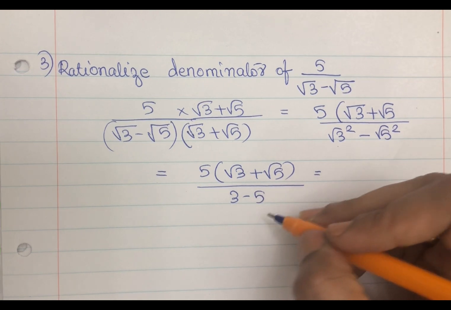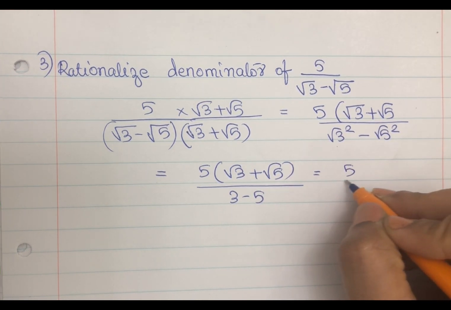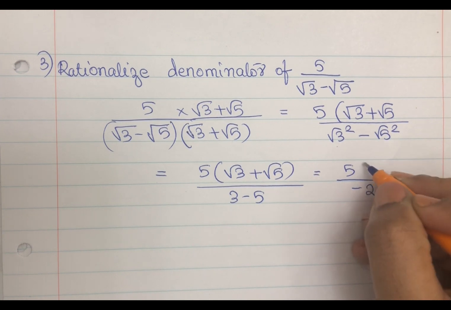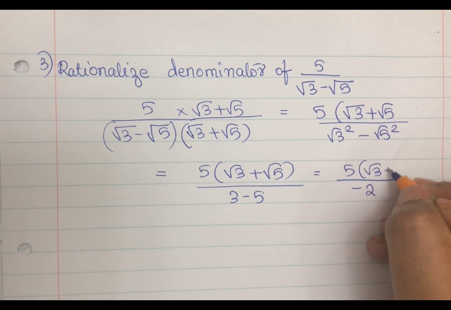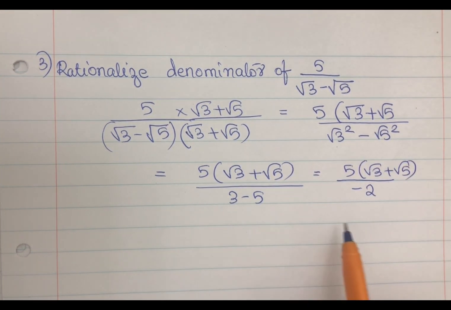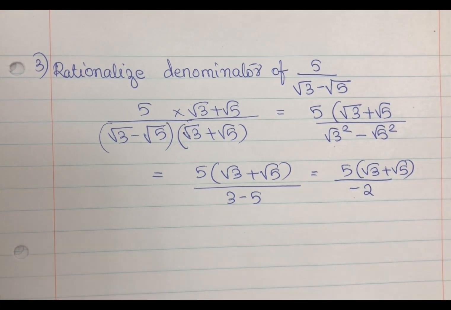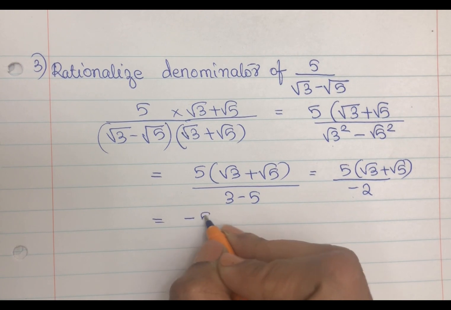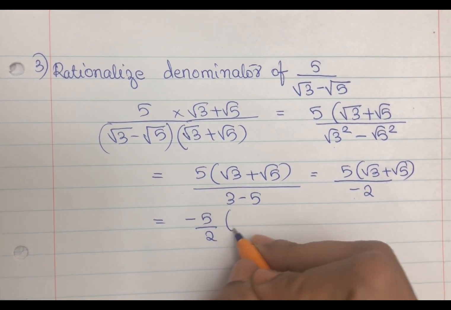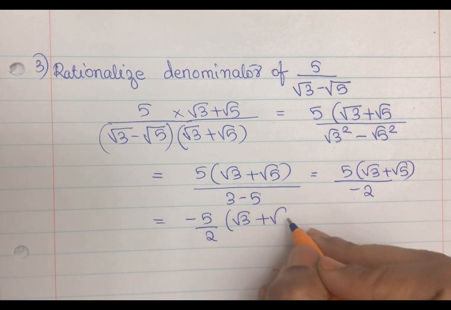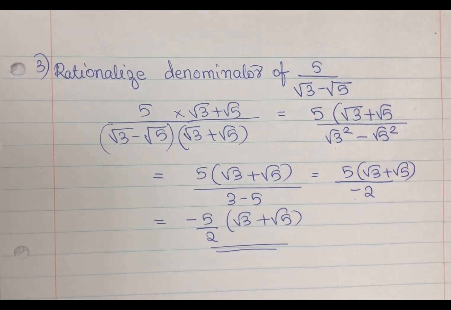It is minus 2. So 5 by minus 2 into root 3 plus root 5. We'll take this negative sign to the numerator, so it will be minus 5 by 2 into root 3 plus root 5. Clear?